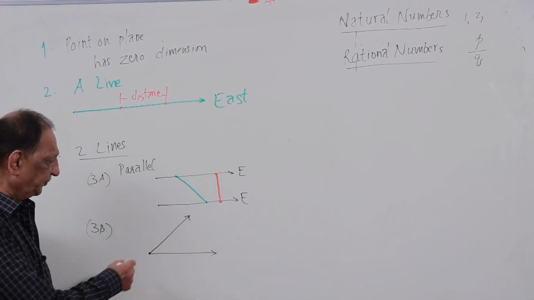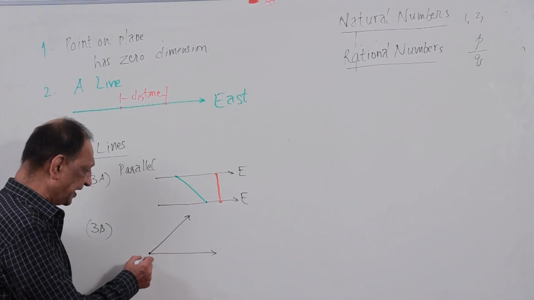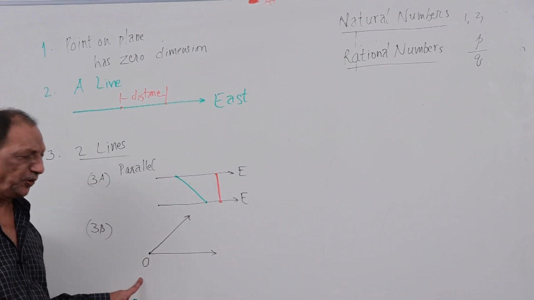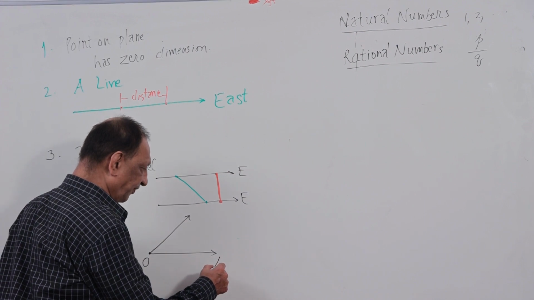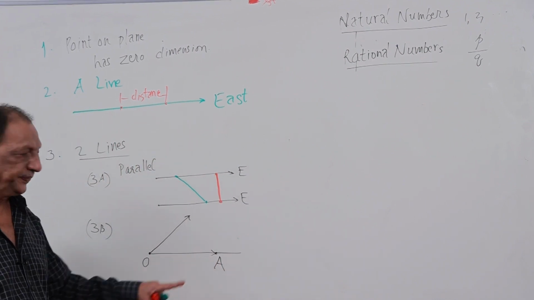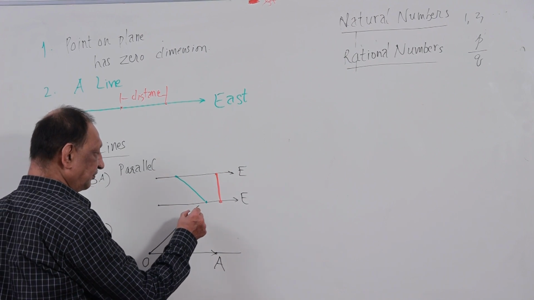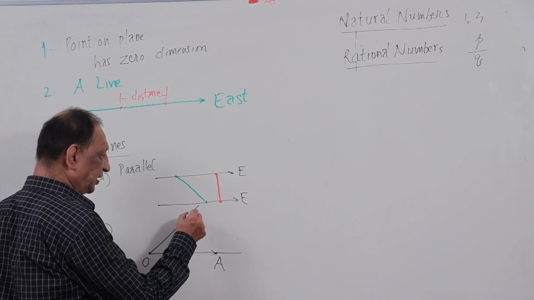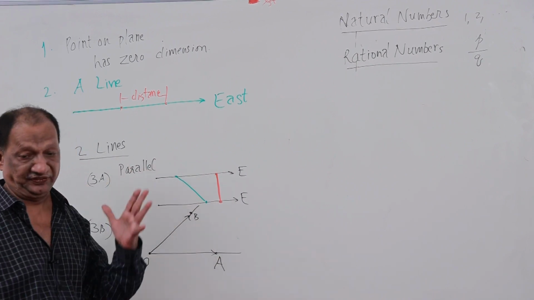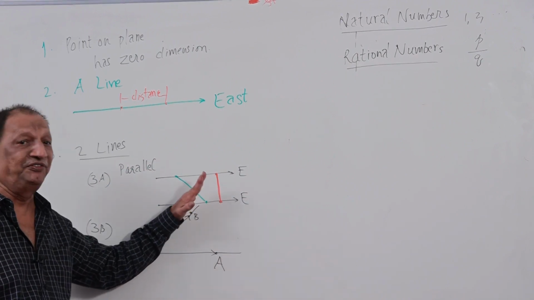Correct. So if you think of that original point by a name, I will call it O. And the original direction I have drawn is towards a point called, let's say, A. The new line I have drawn will be towards a point called B. Correct. Now what is the difference between these 2 lines? The question is the direction in which they have been drawn.